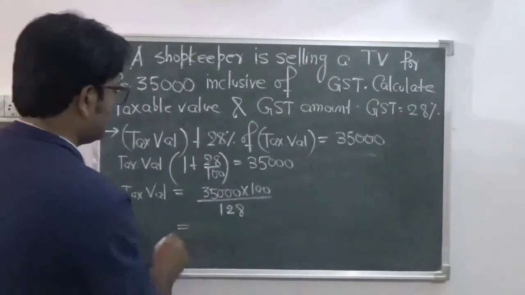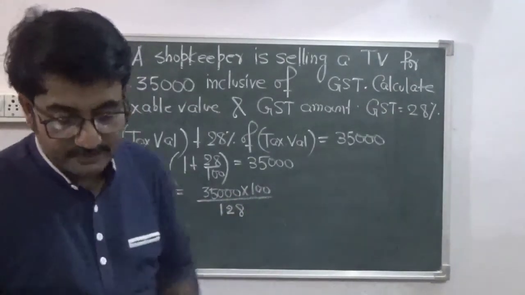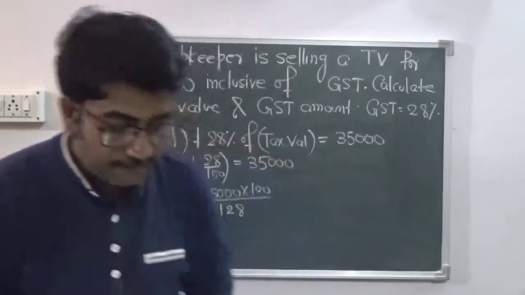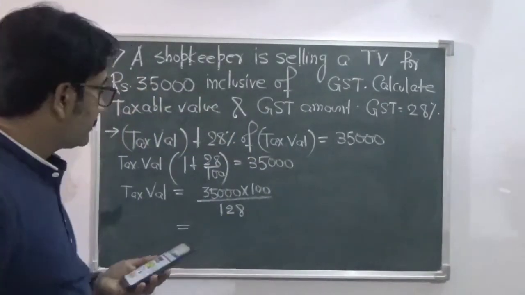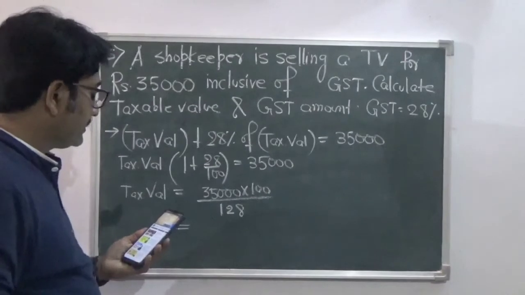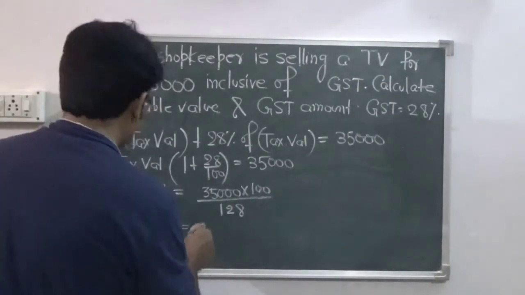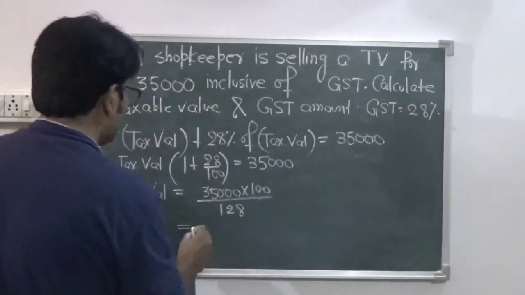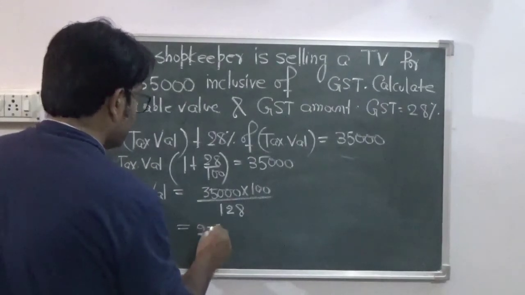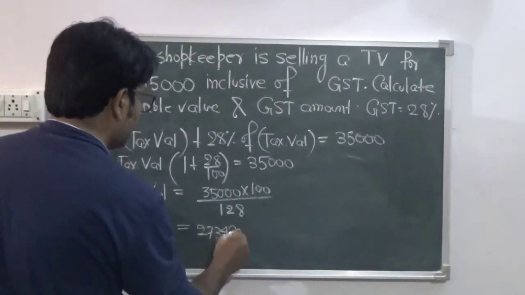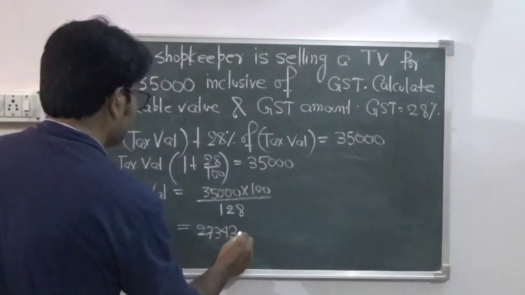So what should be the value? 35,000 into 100 by 128. The answer is 27,343.75.